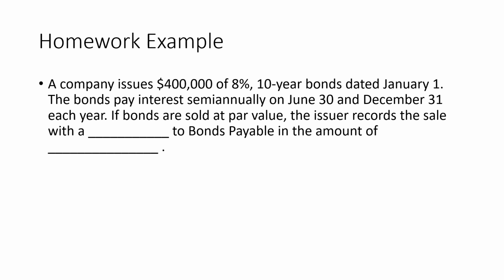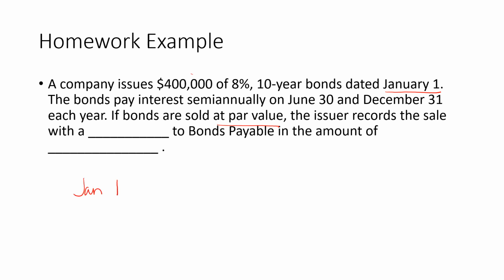If bonds are sold at par value, the issuer records the sale with a blank to bonds payable, so it's going to be a credit or a debit, in the amount of, and we have to determine the amount. So what we need to do before we can fill in those blanks is complete the journal entry for issuing those bonds. So this occurs on January 1st.